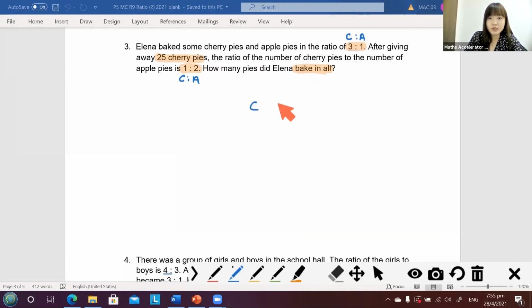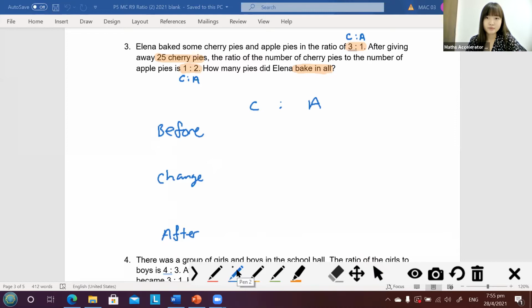Okay, so this will be C to A, before, change, after. Okay, leave some space in between. So 3 to 1, 1 to 2. You give away 25 cherry pies.